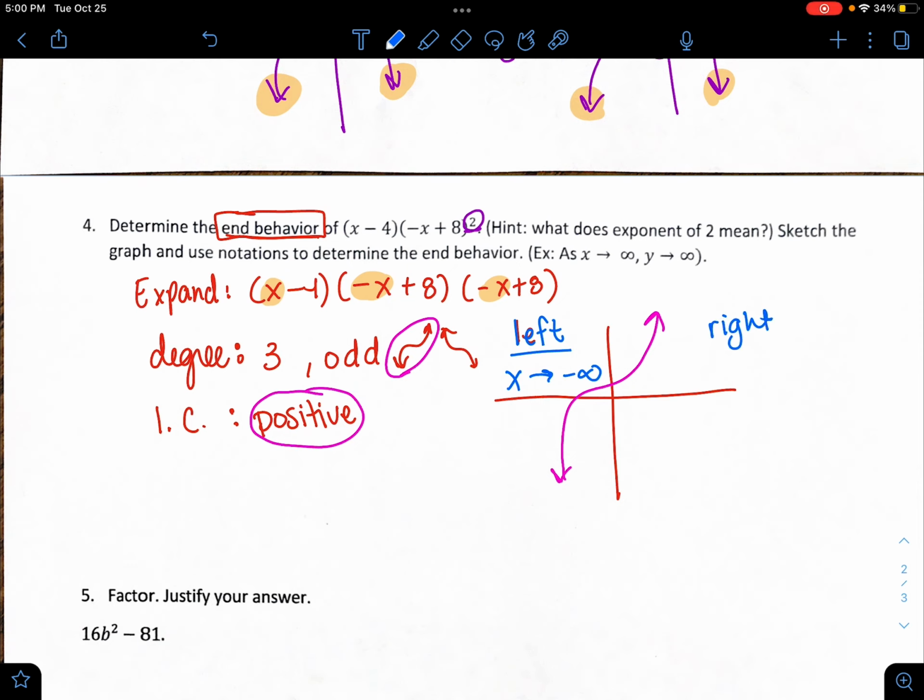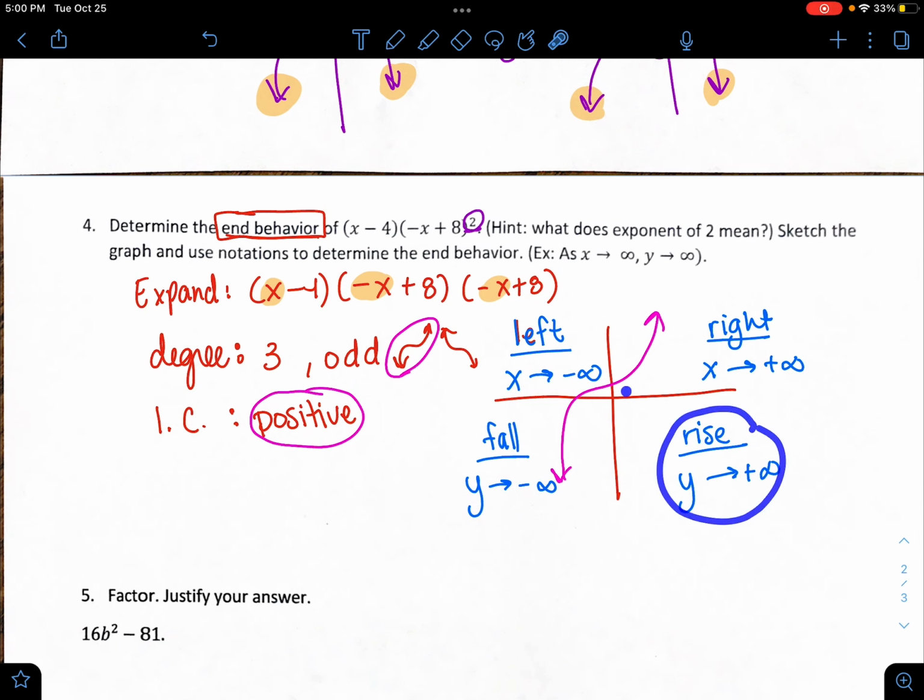On the right side, x approaches positive infinity. On the left, it is falling, so y goes to negative infinity. On the right, it's rising, so y goes to positive infinity. It's rising because the right arrow is pointing up. This is falling because the left arrow is going down.